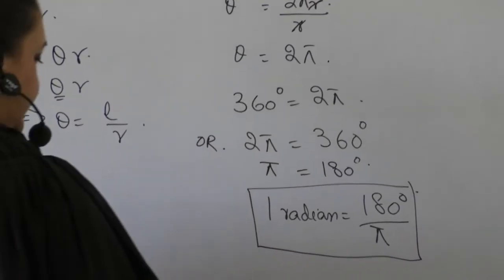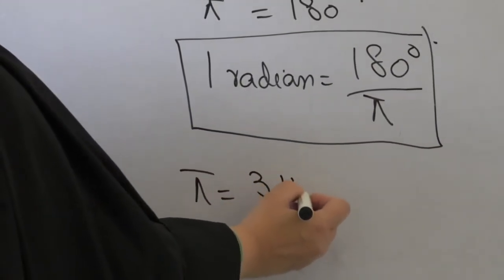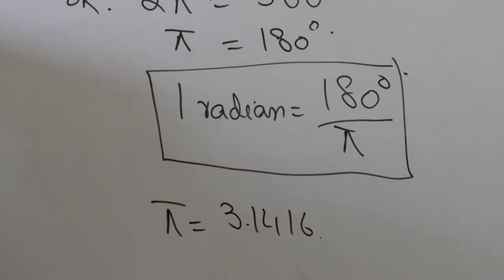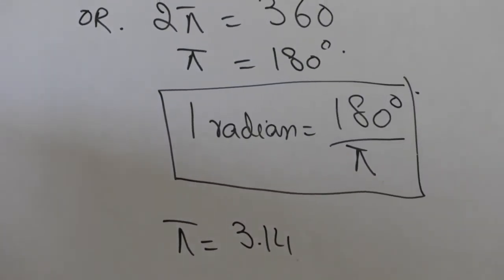Students, do you know that the value of pi is 3.1416? We normally use up till 2 decimal places.